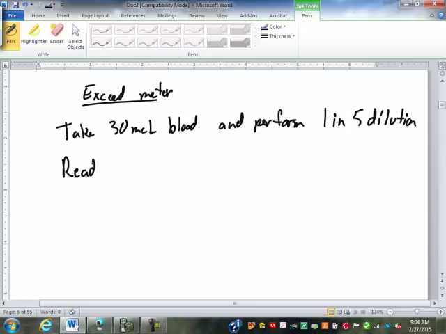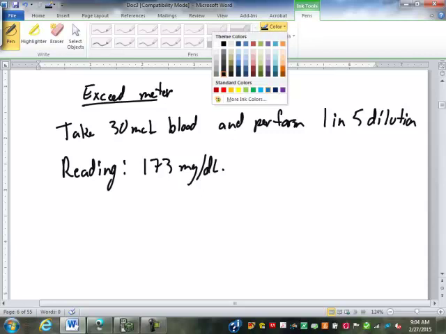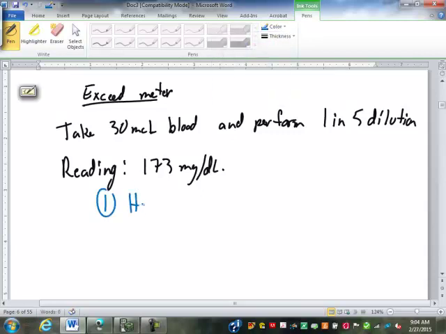Our diluted reading is 173 milligrams per deciliter. So I want two things I want to know. One, how much neutral solution was used, and two, what is the true reading. I'll give you guys a second to see if you can figure that out.